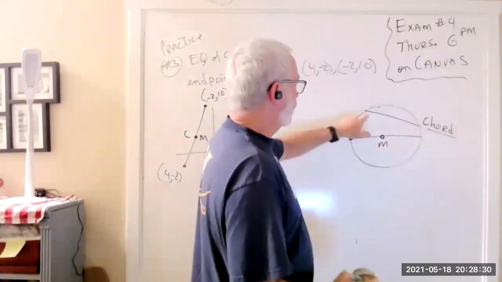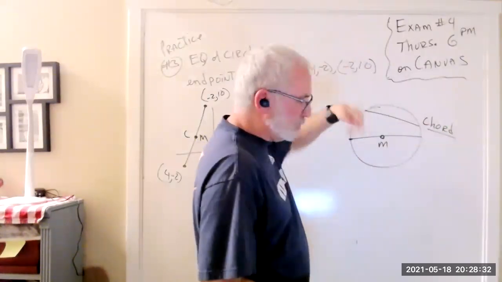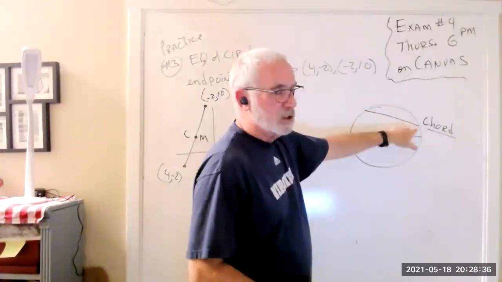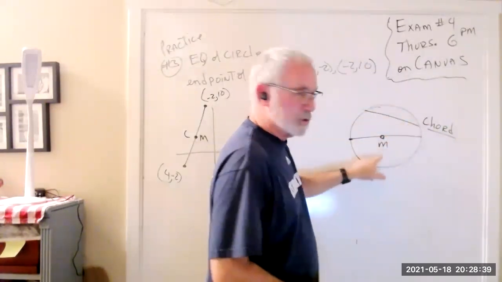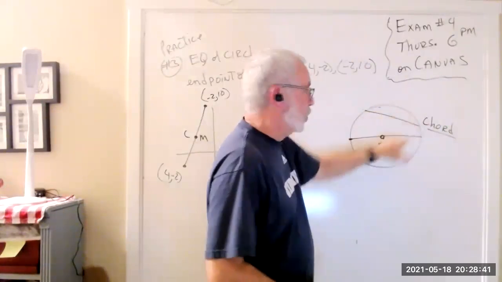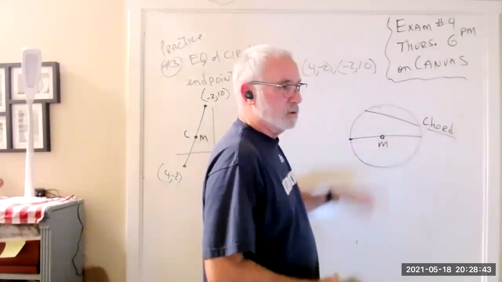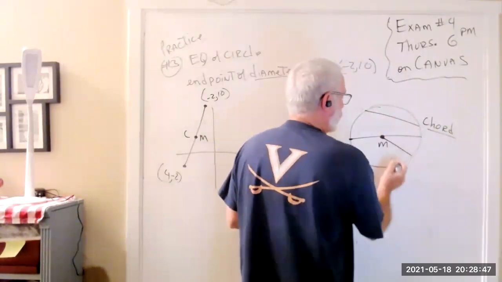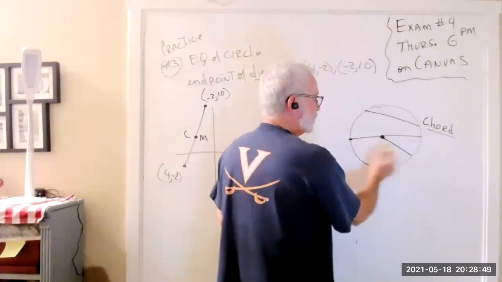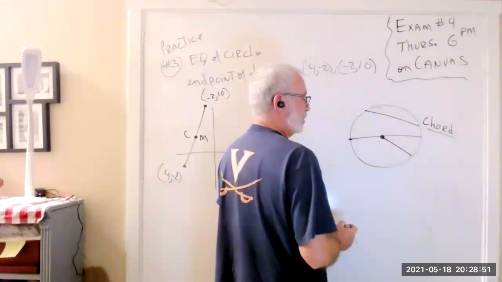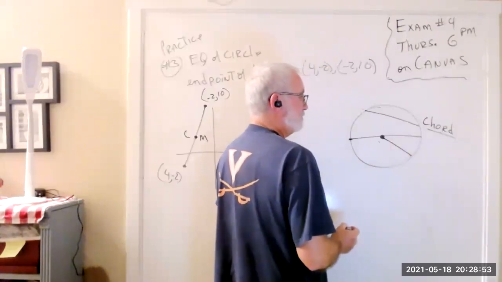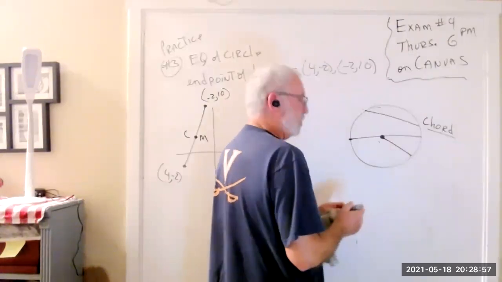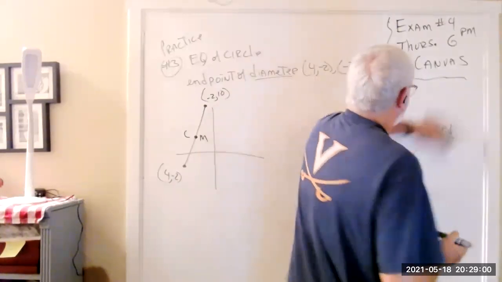A chord is any segment that joins one edge of the circle to another edge that doesn't go through the center. What do you call the thing that goes from center to edge only? Radius. So a little bit of vocabulary there.